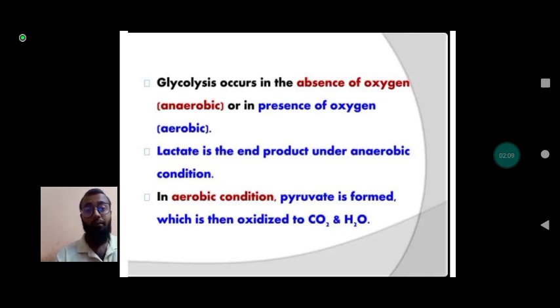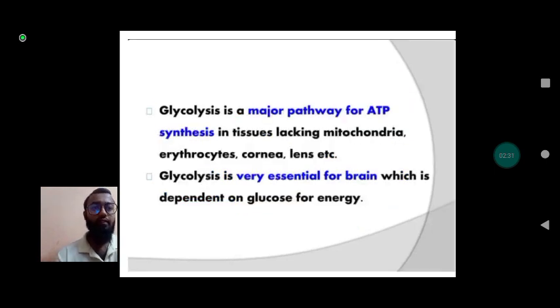In the absence of oxygen, the end products are pyruvate and lactate. These are the two things we have to remember, the end products of glycolysis. In any competitive exam you may be asked what the end product is in anaerobic and aerobic conditions in the glycolysis pathway. Let's see the next slide.